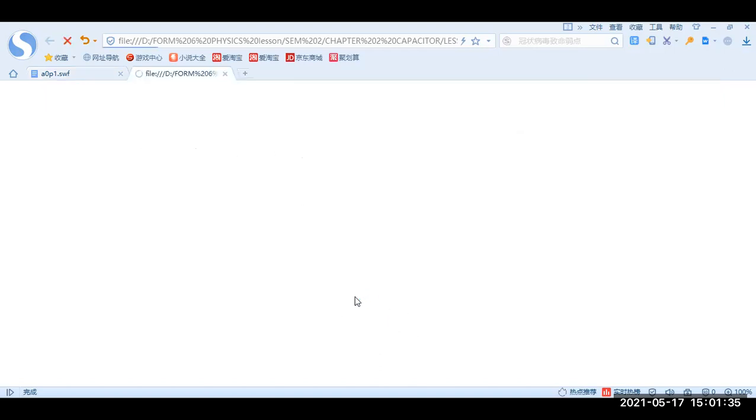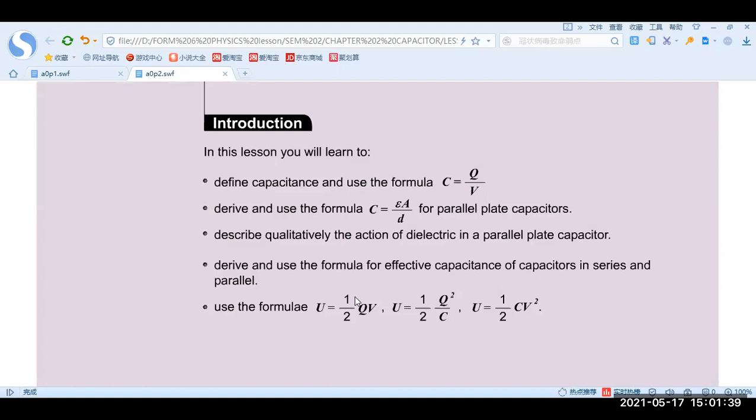Ladies and gentlemen, let's look at the second slide. Introduction. In this lesson, you will learn to define the capacitance and use the formula of C equal to Q over V. Next, derive the formula for the parallel plate capacitor and describe qualitatively the action of dielectric in the parallel plate capacitor.